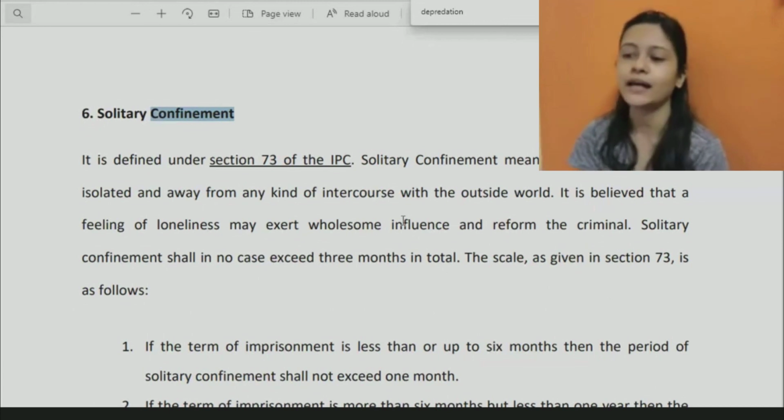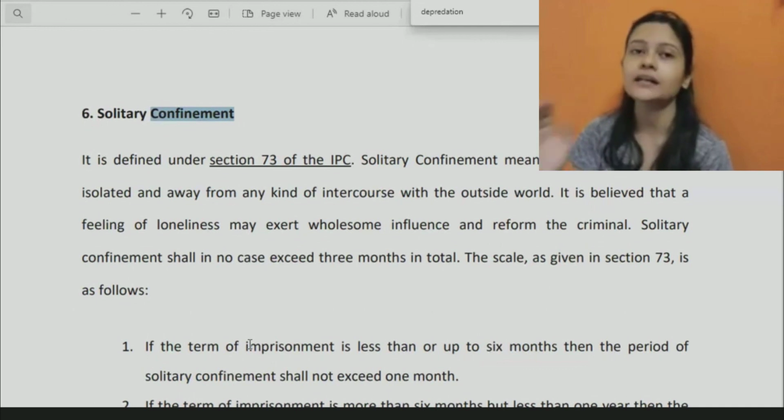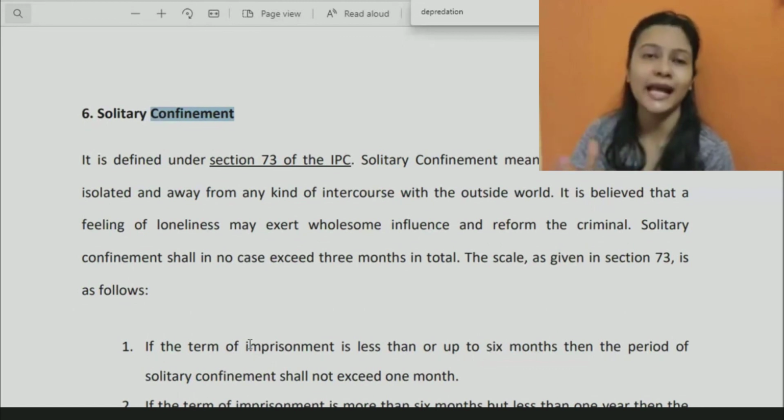That is why there are a lot of guidelines that apply in case of solitary confinement. It cannot be simply given just like that. There are certain guidelines that need to be followed to ensure that it does not end up disturbing the mental peace of the criminal. Otherwise, it will worsen the situation.